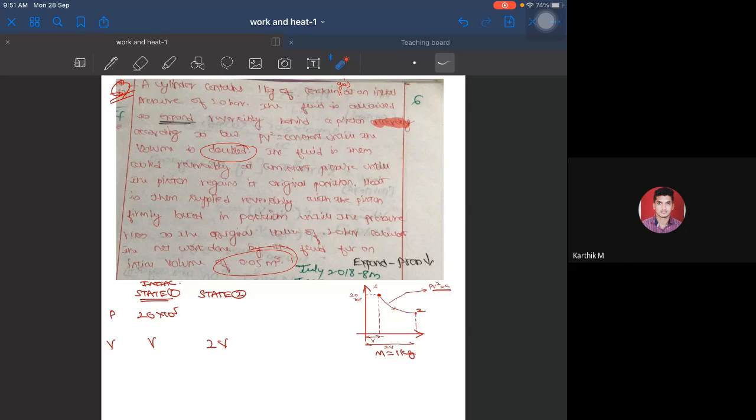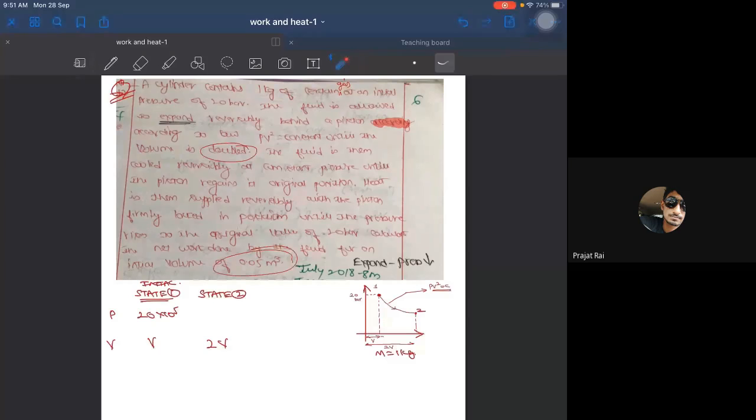Volume will remain same, sir. How come, man? For a gas, if you remove heat, what happens? Automatically your pressure drops. Pressure drops in the sense there should be a decrease in the volume. Okay, yes, they just says all are right. So there would be a decrease in the volume.